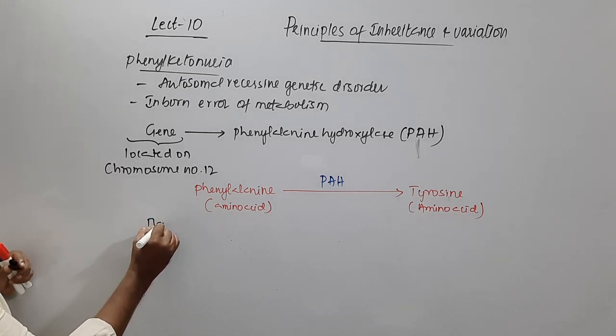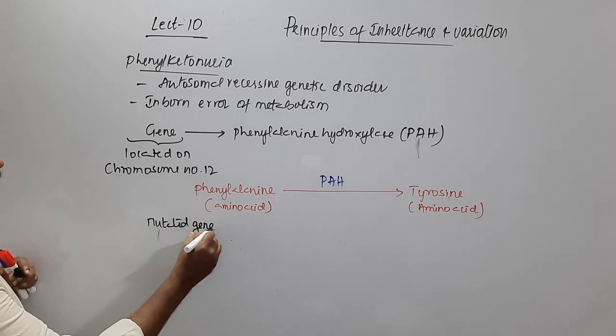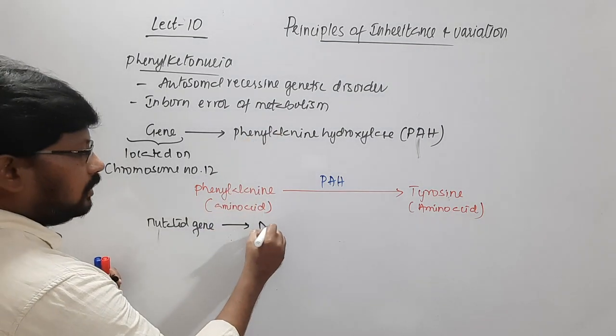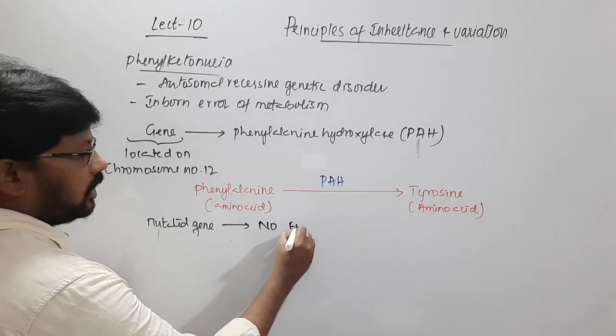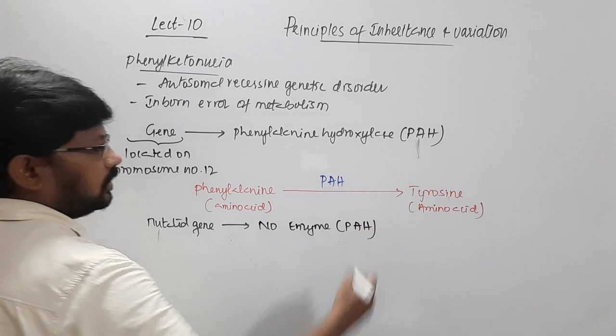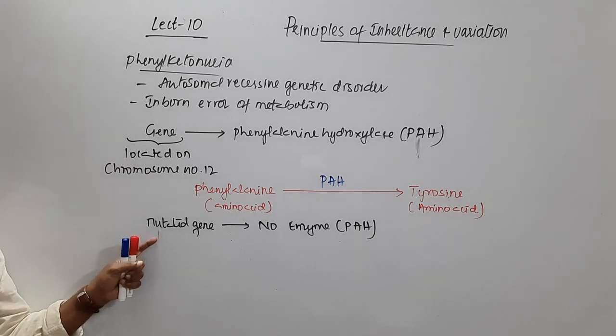The mutated gene will not produce this enzyme. So PAH is not produced. The phenylalanine hydroxylase enzyme is not produced when that gene undergoes mutation.